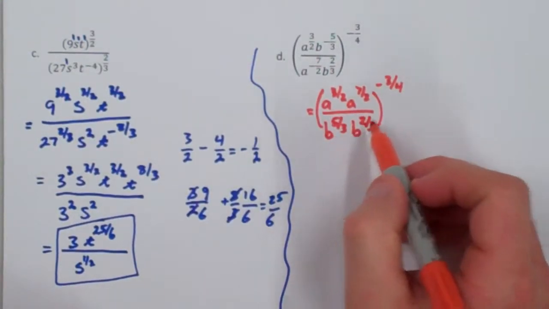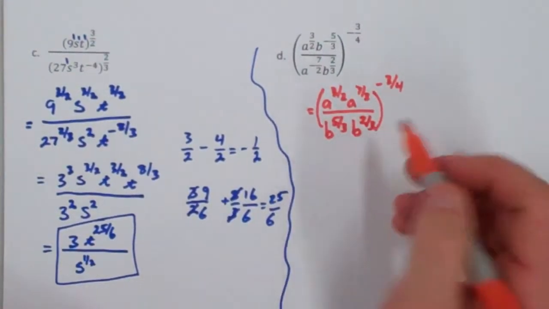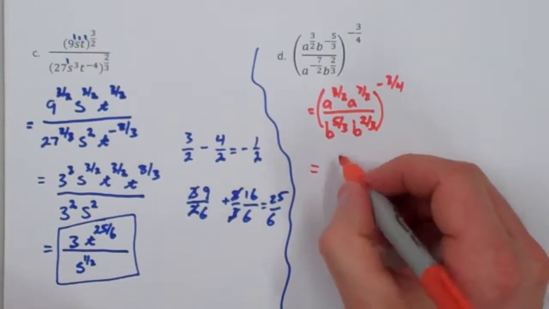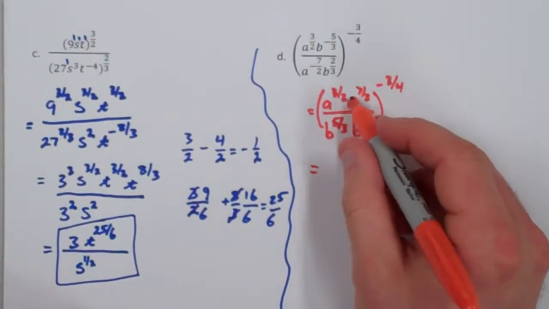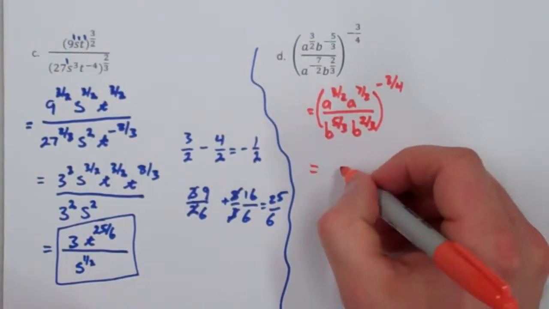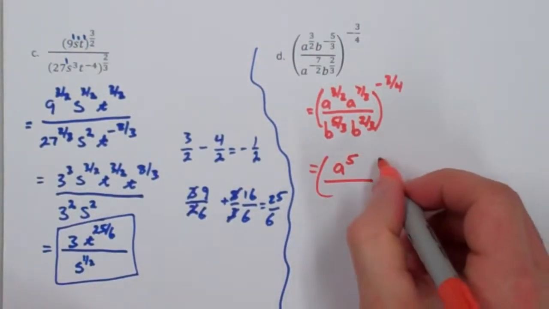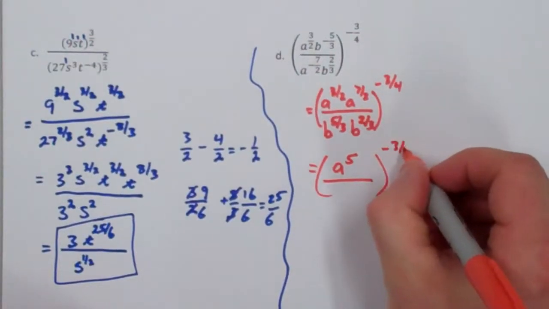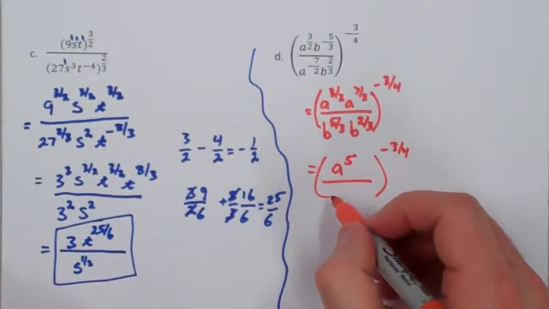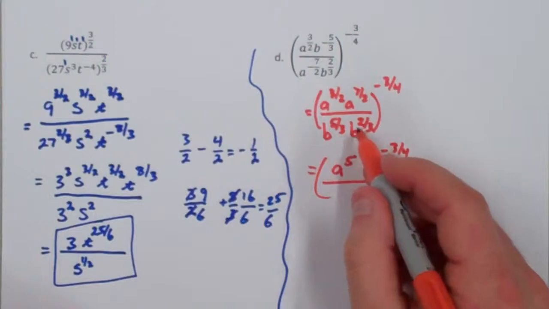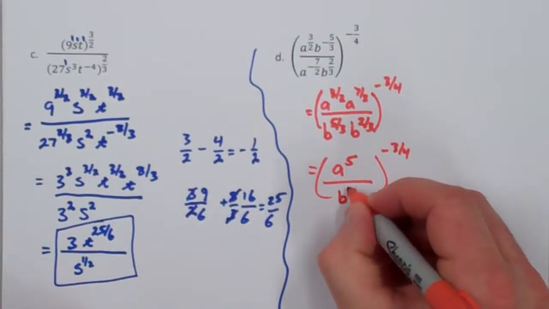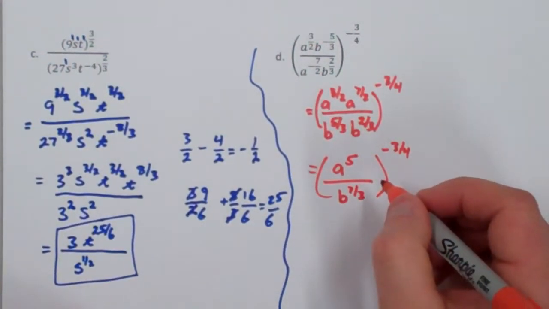We're multiplying like bases, so we can add these exponents. So in the numerator, we've got 3 over 2 plus 7 over 2, which is 10 over 2, or just 5. And this is all being raised to the negative 3 over 4 power. Then in the denominator, we've got 5 over 3 plus 2 over 3, which is 7 over 3.